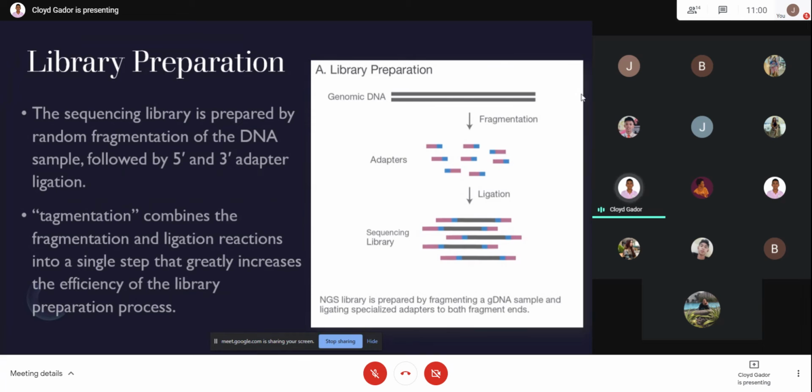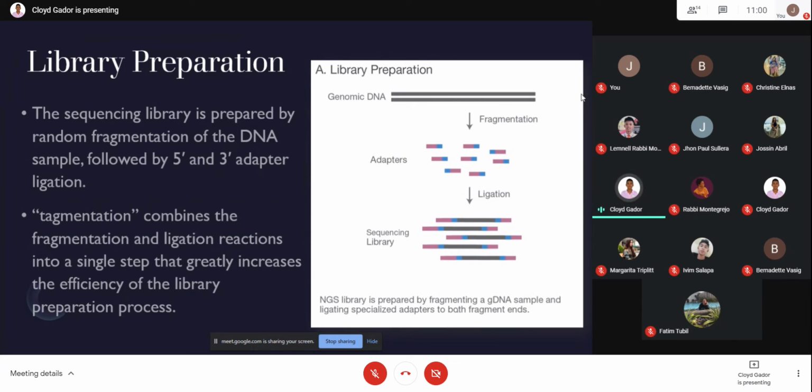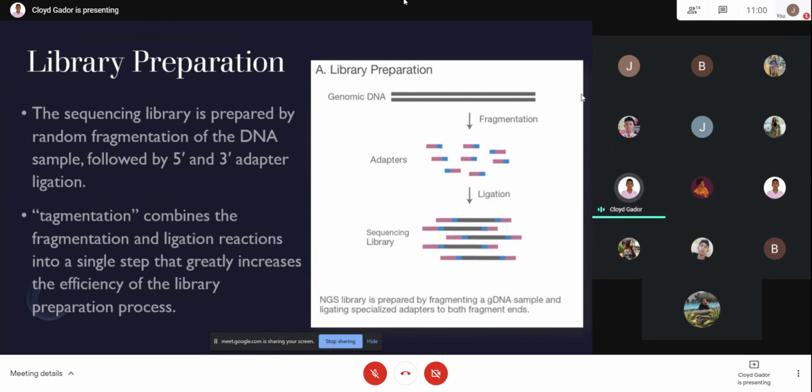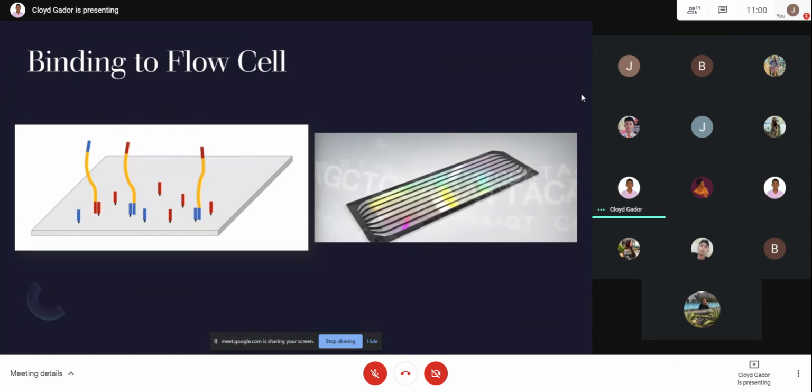These DNA fragments will be joined and ligated to certain oligonucleotides, or 5' and 3' adapter ligation. To summarize, the genomic DNA is in fragments, and all these fragments have two different types of binding sites attached at each end. After that, it binds to the flow cell.